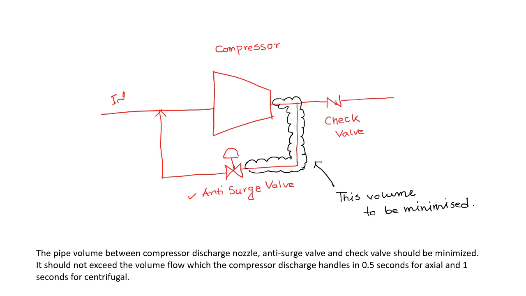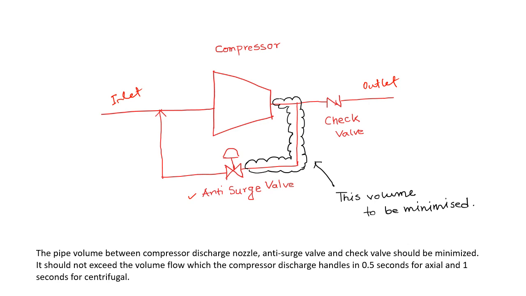So this is basically the inlet and this is our outlet, right? And there is a check valve. The check valve protects against backflow from the outside of the compressor to the inside, or upstream of the compressor. So there is a check valve here.